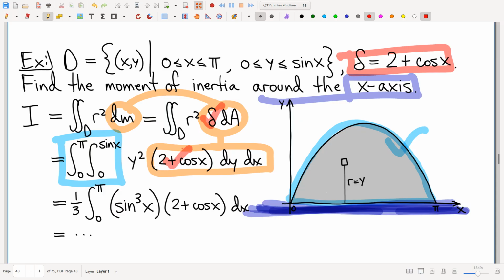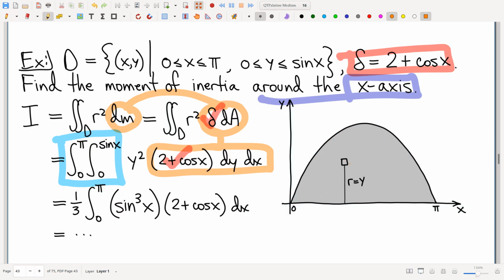And here's where we have to actually think about what's going on here. How does this actually work? In particular, if I look at a particular little piece of mass, here's some little piece of mass on my region, and my axis, it says, is the x-axis, so there's my axis.